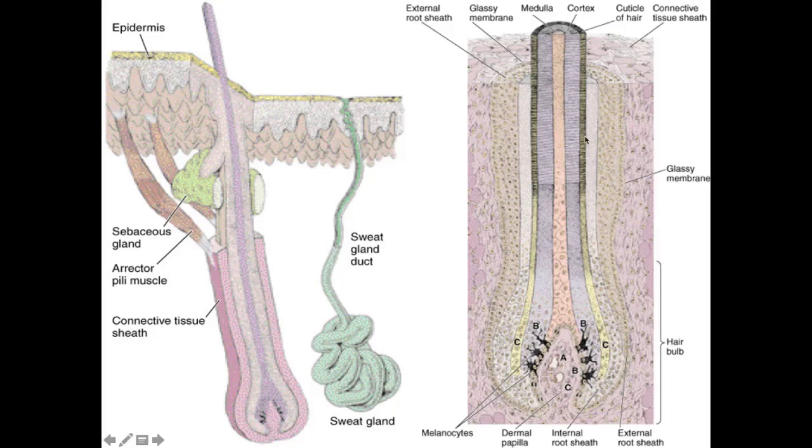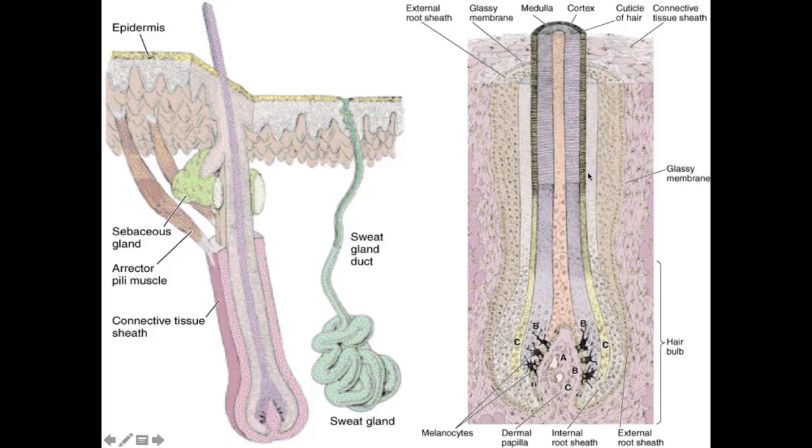The outermost layer is the cuticle of the hair shaft, containing squamous cells, forming the outermost layer, which has the mature hard keratin.